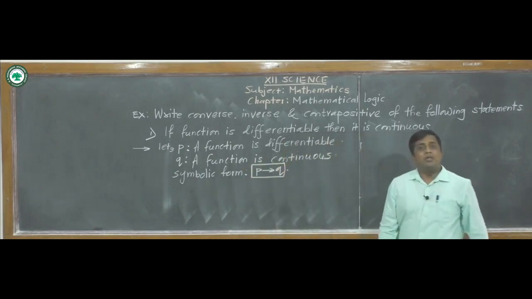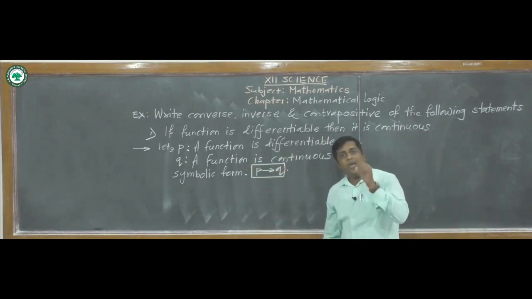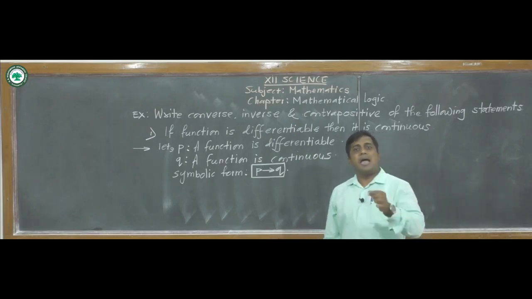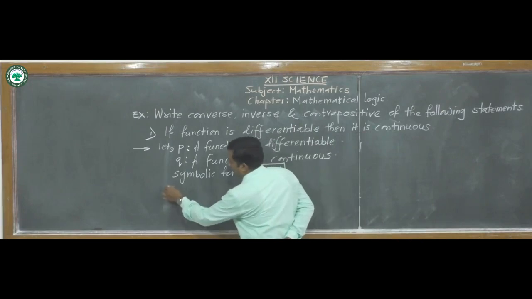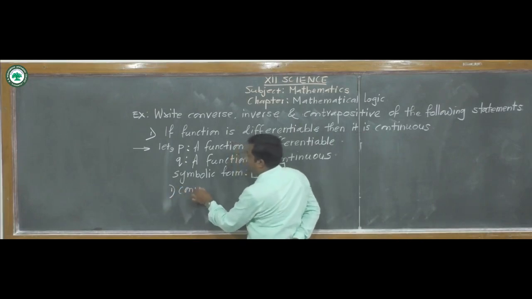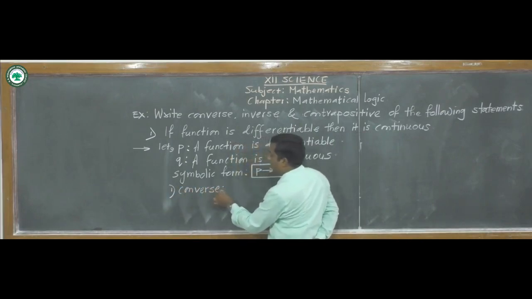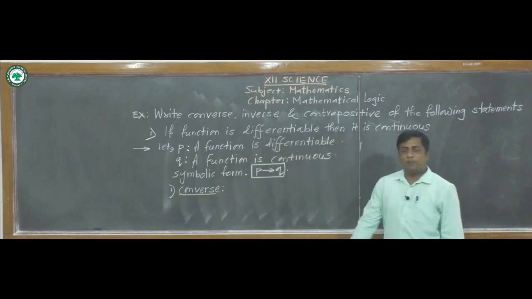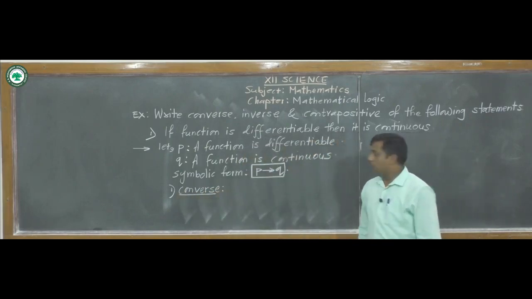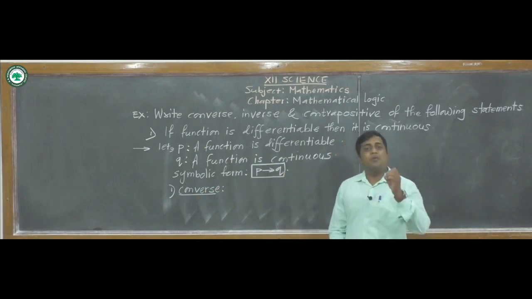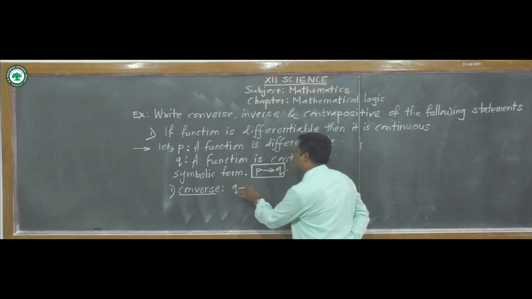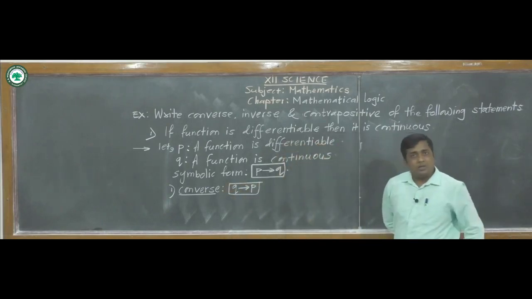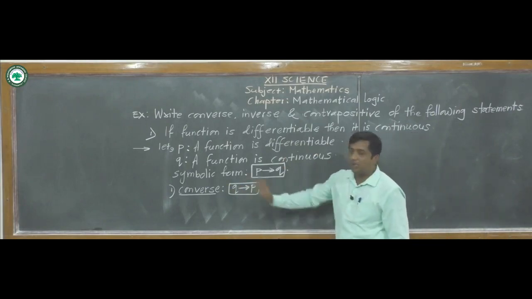If we have this P implies Q, we define converse, inverse and contrapositive. Let's go with the first one. Here we define the converse. We know if P implies Q is the given relation, then its converse is denoted by using Q implies P. We use this relation to define the converse.